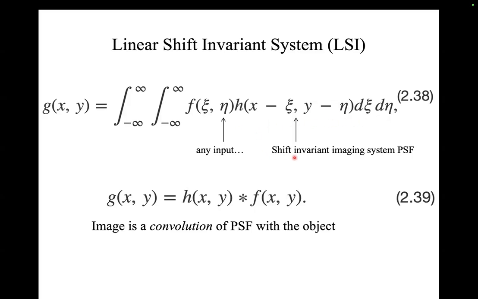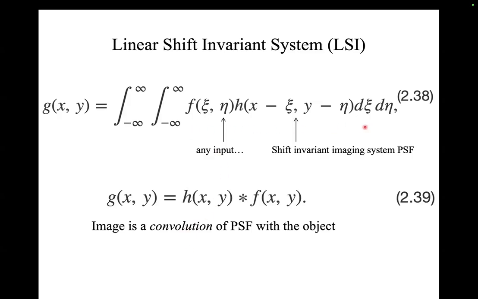This is called a shift invariant point spread function, or a linear shift invariant system, or LSI. And it has fantastic properties that we will see. When you can model your system mathematically as this, your input convolved with a point spread function, it makes life really easy.